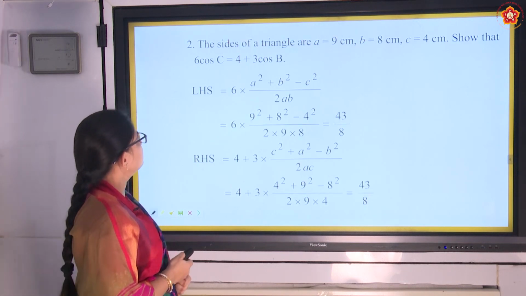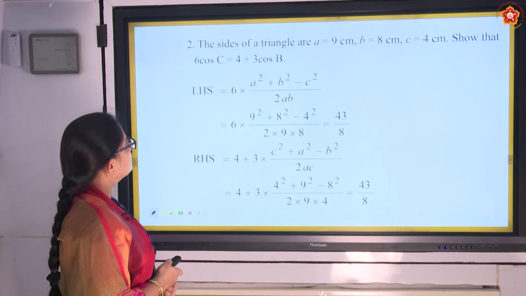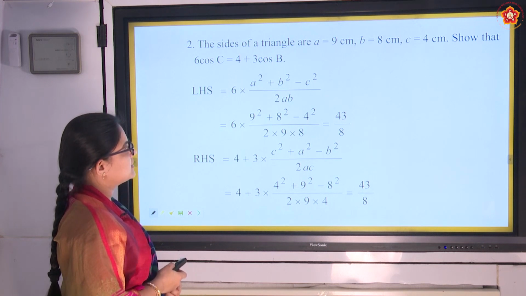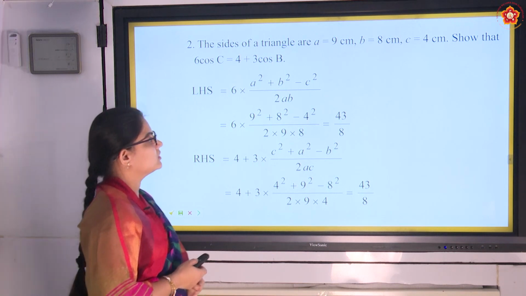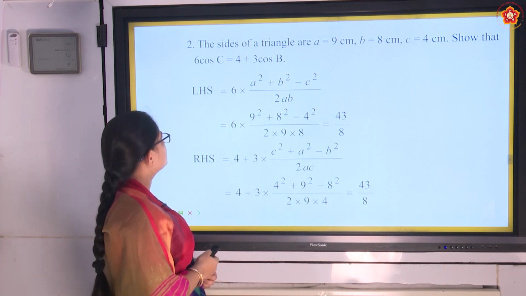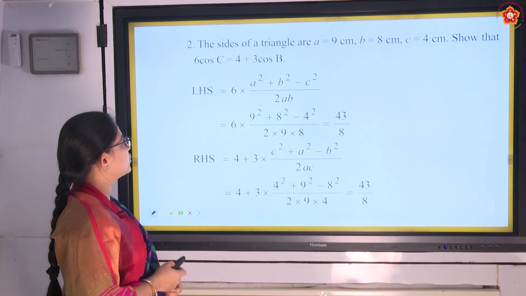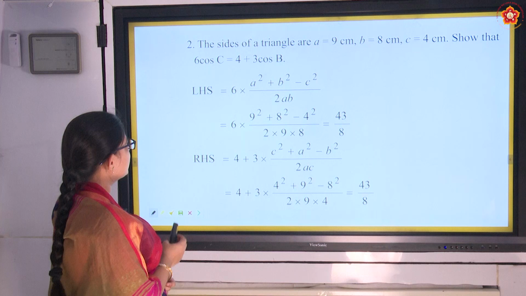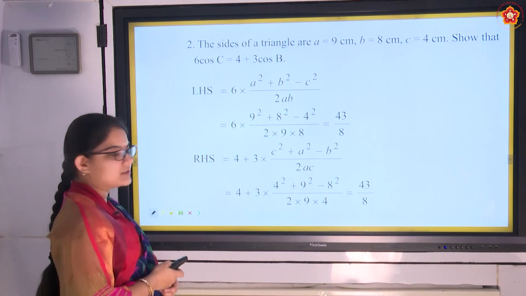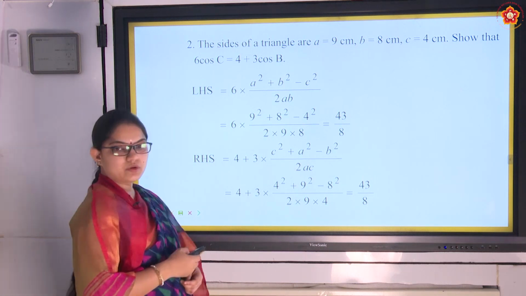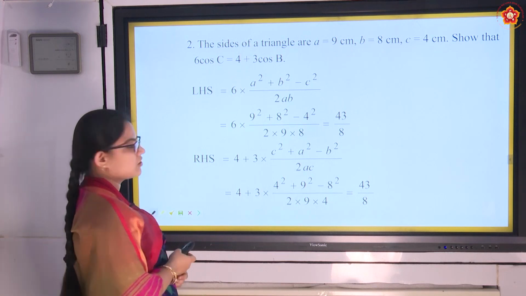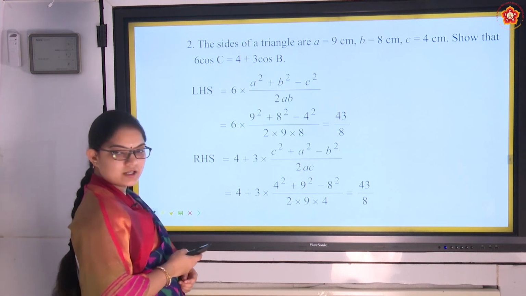In the second problem, the sides of a triangle are a is equal to 9 cm, b is equal to 8 cm, c is equal to 4 cm. Show that 6 cos C is equal to 4 plus 3 cos B. First find the left hand side, 6 cos C, and next find the right hand side, 4 plus 3 cos B, and prove that they are equal.